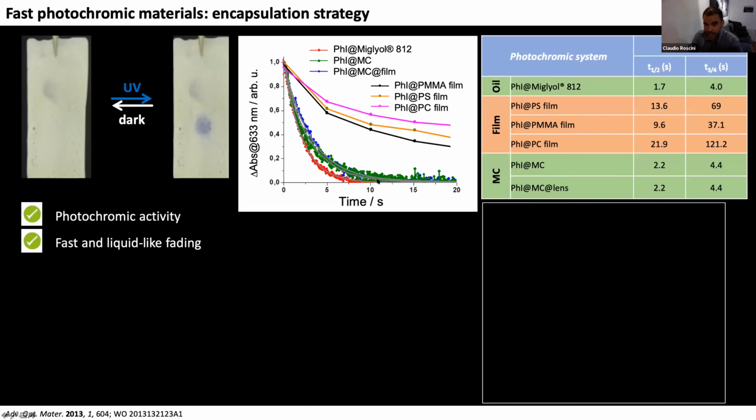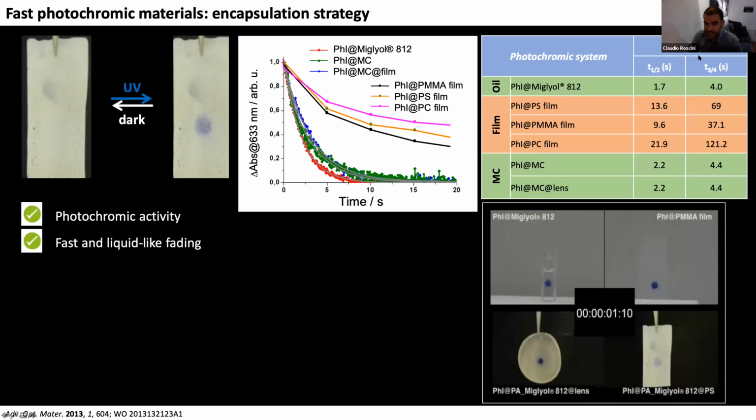Now, these are some quantitative data. If you compare the rate of the photochromic dye in the films prepared with the capsules with the same photochrome directly dispersed in a polymeric material, we see that the films prepared with the capsules fade back to the clear state with the same speed as the solution, while the one made with the photochrome directly dispersed in the film is much slower, even more than one order of magnitude slower.